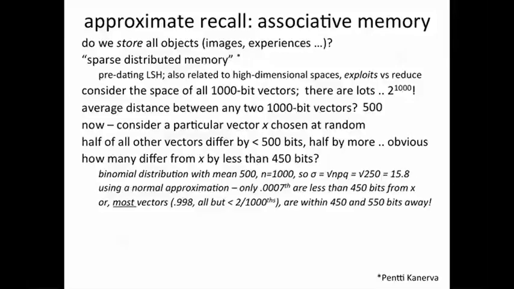Remember, the normal distribution is symmetric, so what we did for how many other vectors differ from x by less than 450 can be repeated symmetrically for asking the question how many will differ from x by more than 550. So we have this very interesting situation that almost all vectors in this huge space are far away from x, somewhere around 500 bits away.